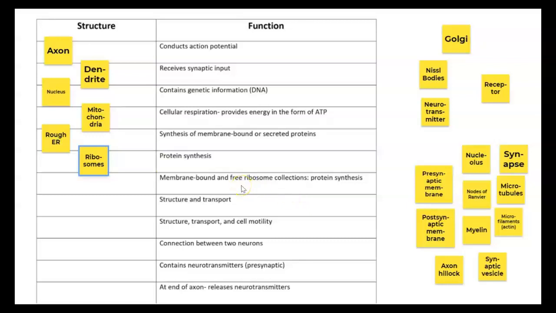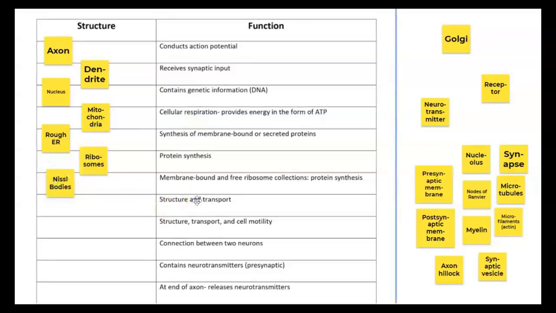Then the membrane-bound and free ribosome collections, which means if they're ribosomes, then we're talking about protein synthesis. Those are the Nissl bodies, which are specific to neurons. The structure that leads to cell structure and transport, part of the cytoskeleton, those are the microtubules.